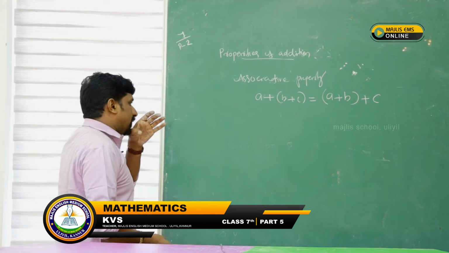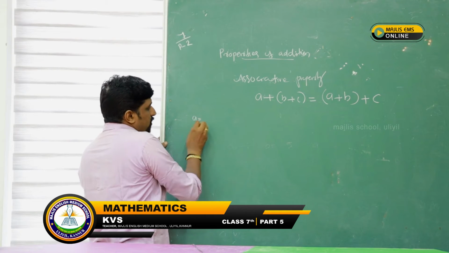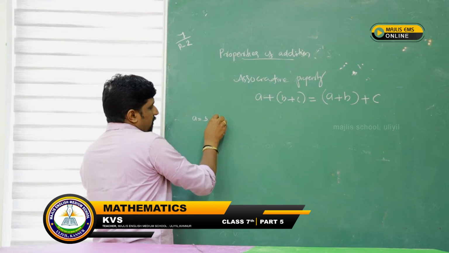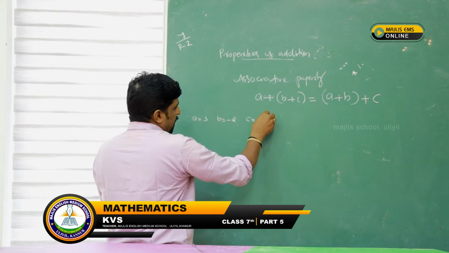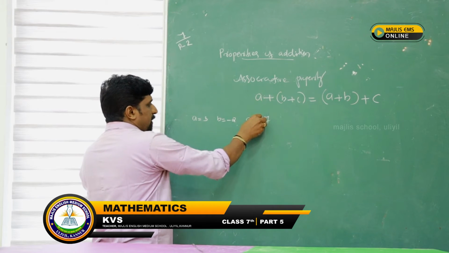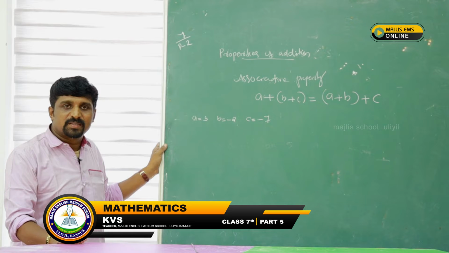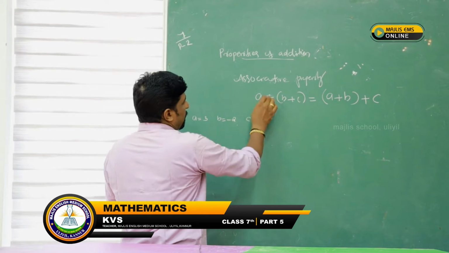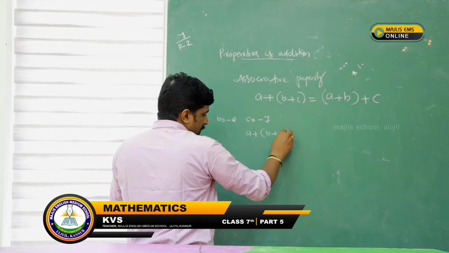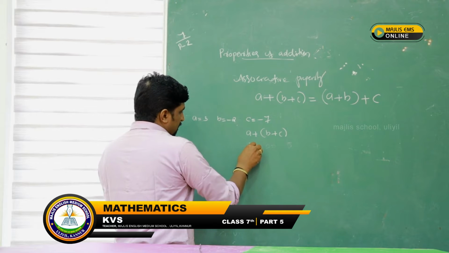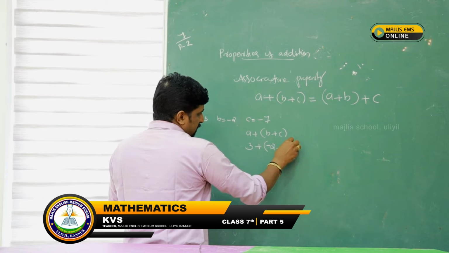Then I can give an example of the associative property. Suppose a equals 3, b equals minus 2, c equals minus 7. We can verify whether they satisfy the associative property or not. First we find the left hand side, a plus the bracket b plus c. That is 3 plus the bracket of minus 2 plus minus 7.